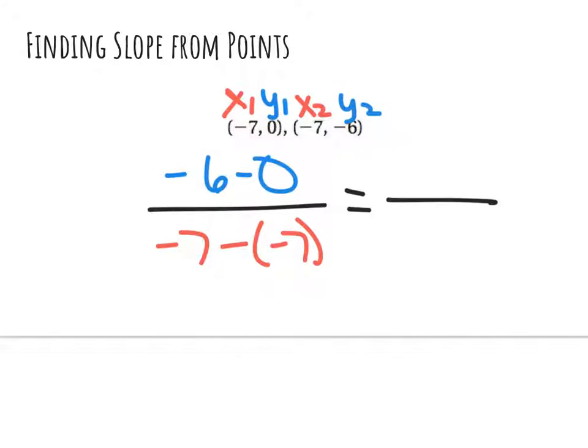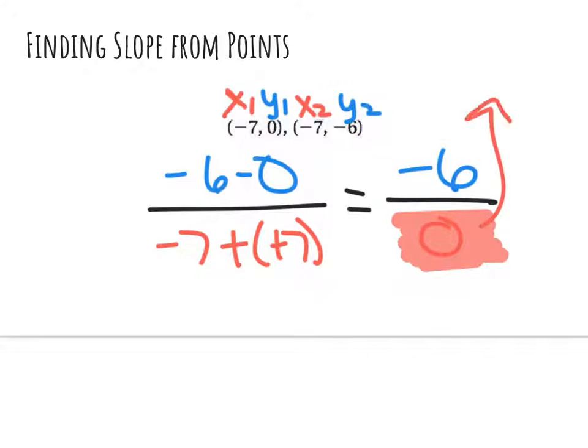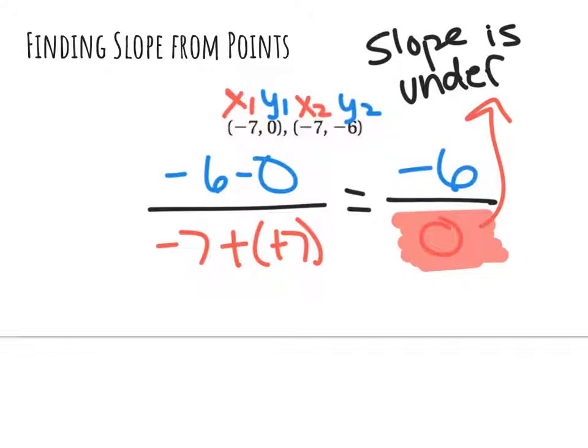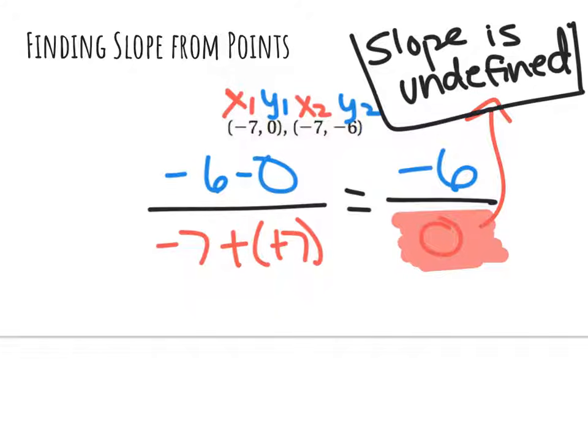When I simplify this, I get negative 6 over negative 7 plus a positive 7, which is 0. You're going to notice that this time the 0 was in the denominator. Because of this, your slope is undefined. You would write your final answer as the slope is undefined.